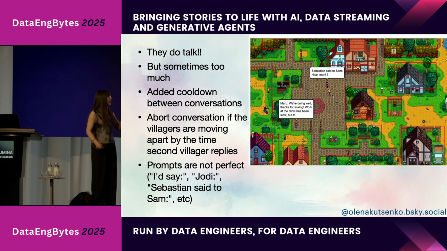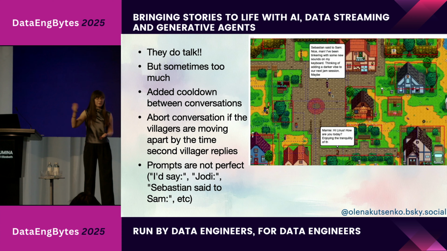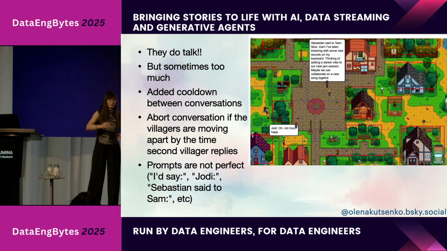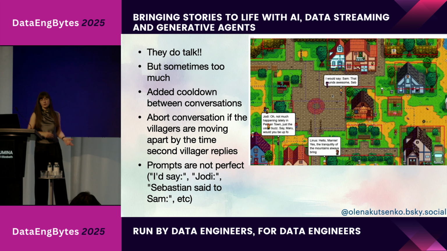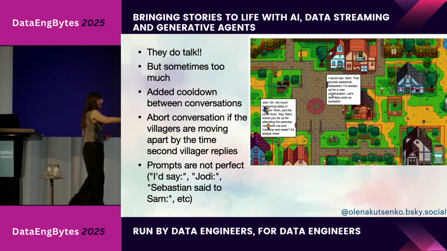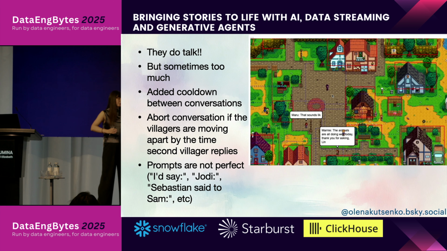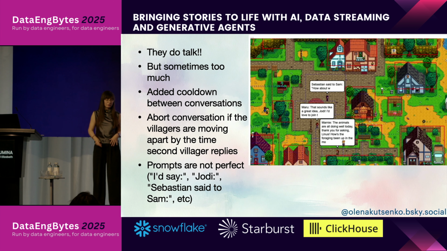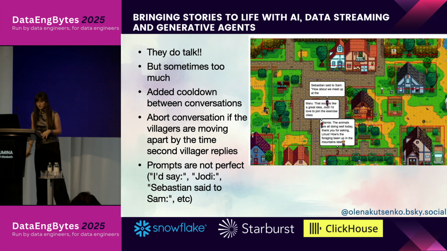So I had to play around so that they don't talk too much, because, for example, they finish conversation with one agent, start immediately with another one. So I had to create this cooldown for several seconds between the conversations. Or sometimes they kind of go around each other, and then I have to abort conversation so that they don't walk away and talk.